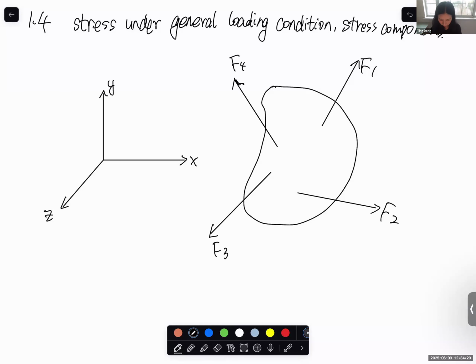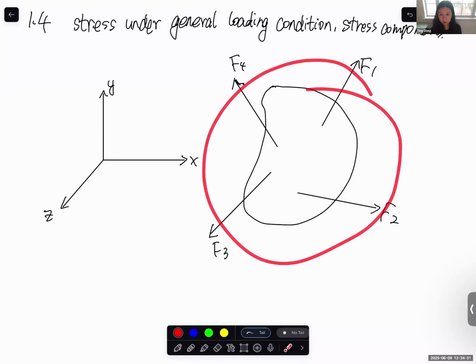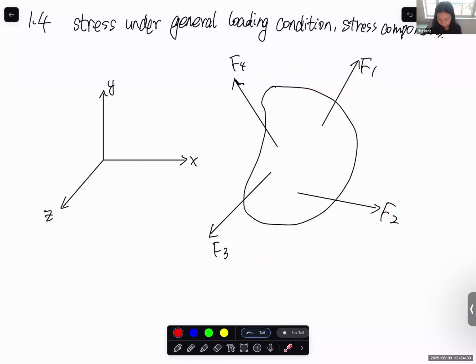Of course, I drew everything in 2D on a plane, but you just imagine that the structure is in 3D space and the force can be in any direction. And of course, the structure is in equilibrium.